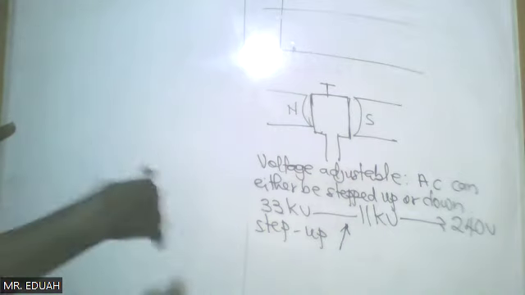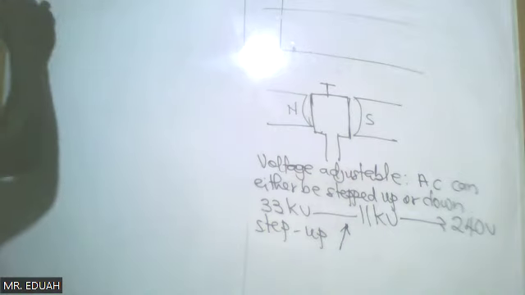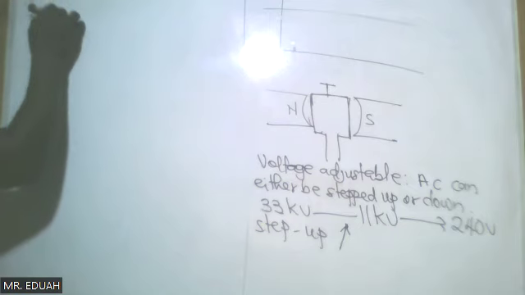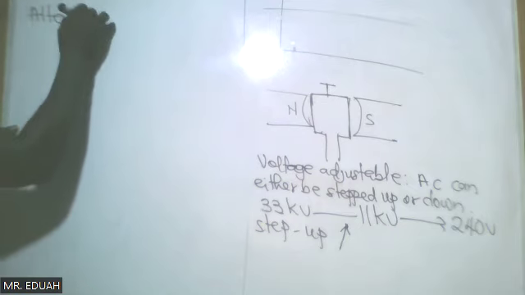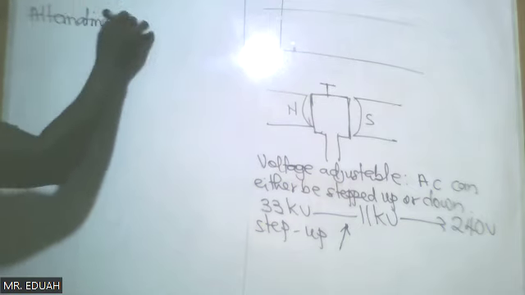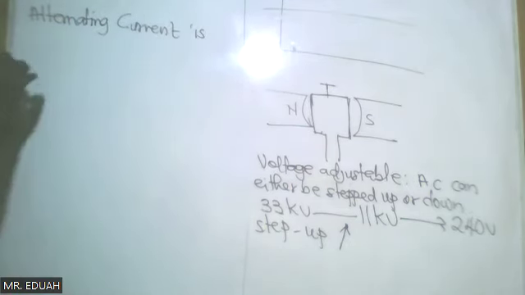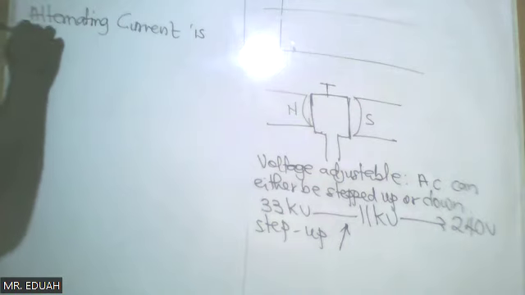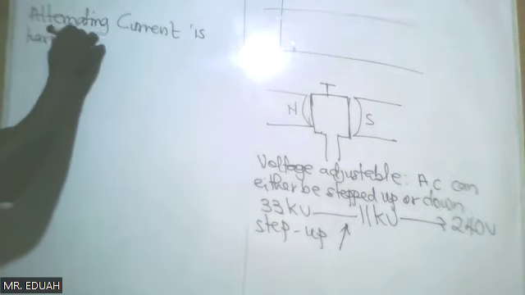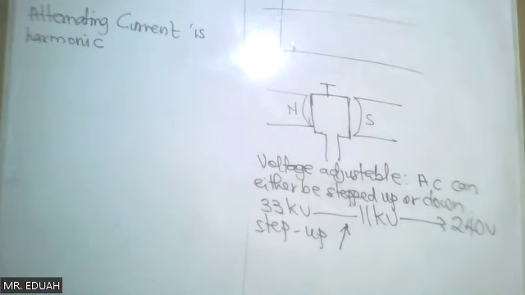Alternating current is harmonic. A harmonic function changes direction and magnitude, and is repeated.